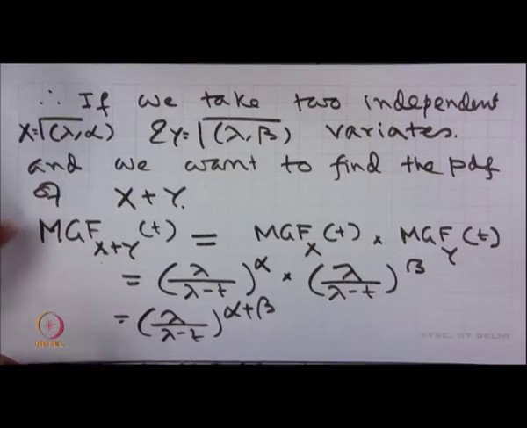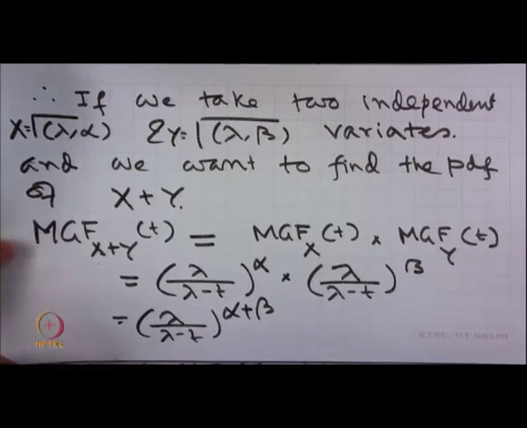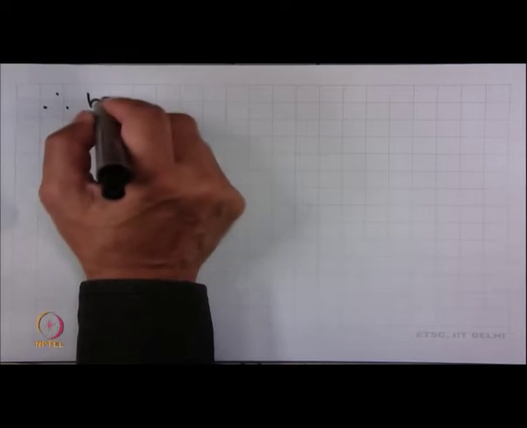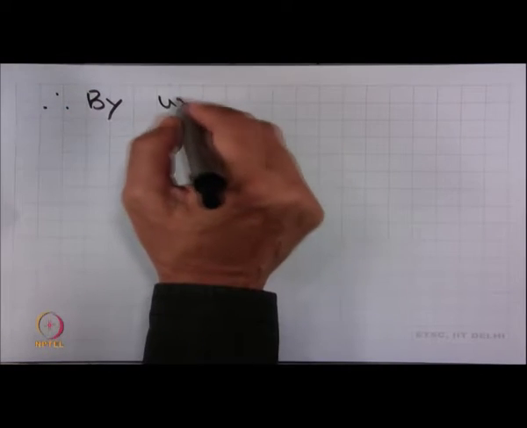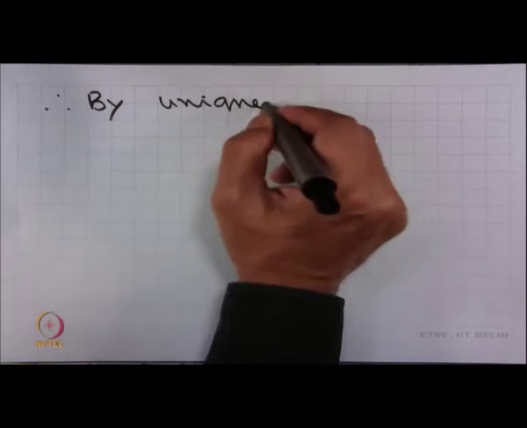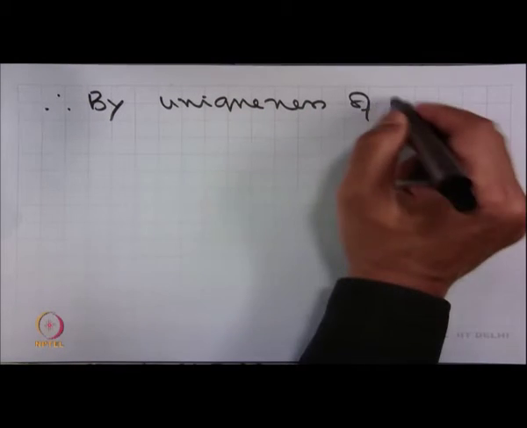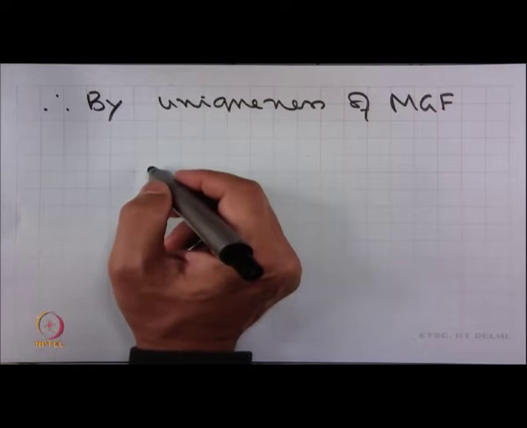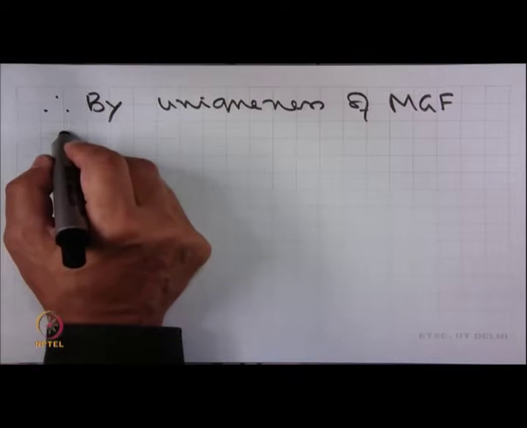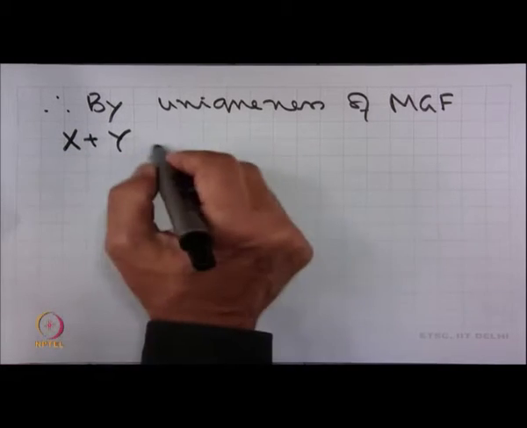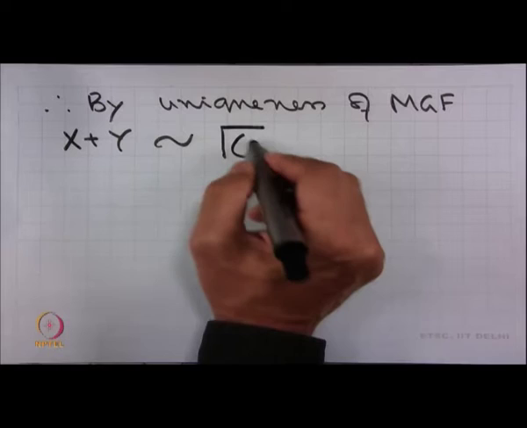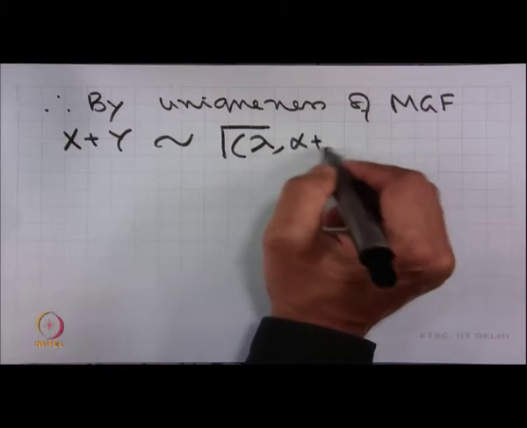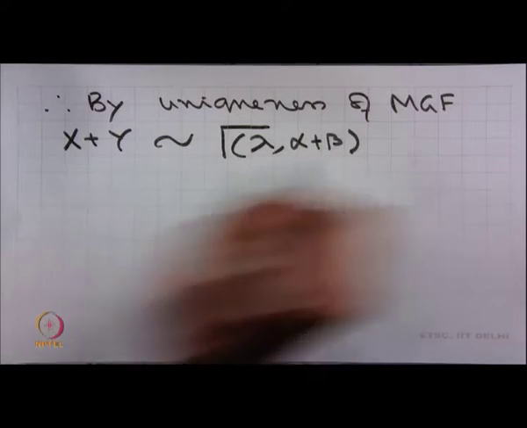And therefore, by uniqueness of moment generating function, we can say that X plus Y is distributed as gamma with lambda same, but this parameter becomes alpha plus beta.